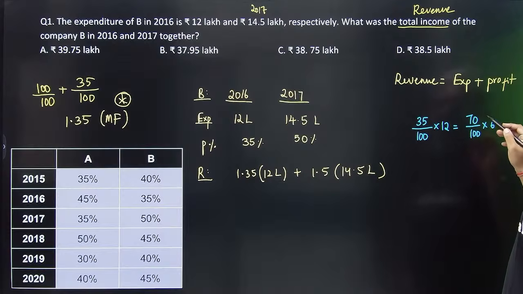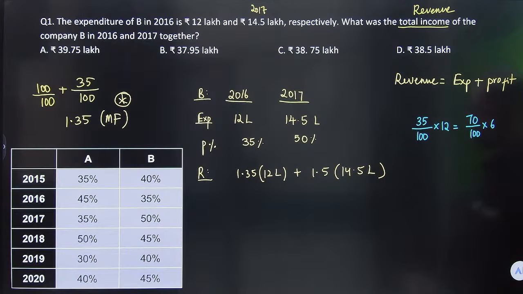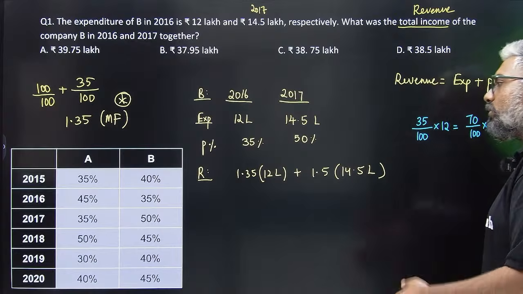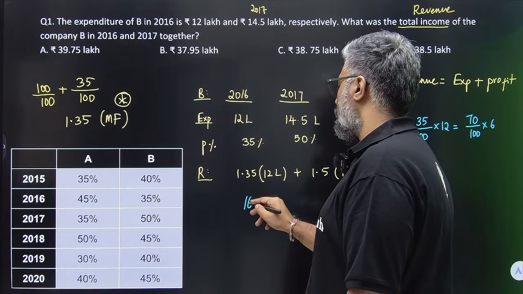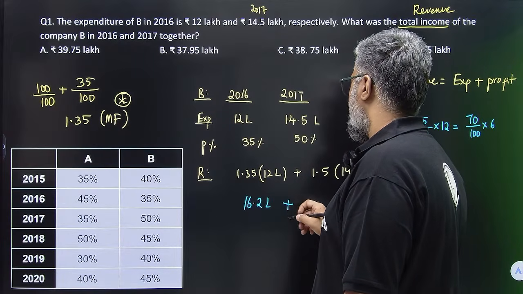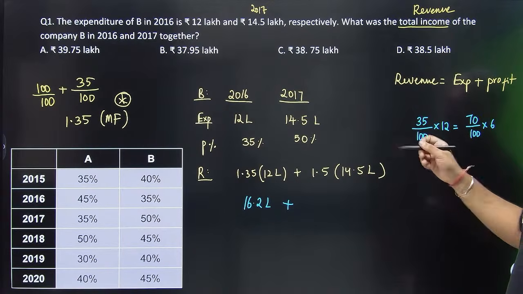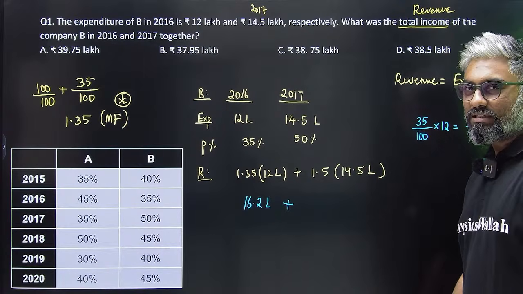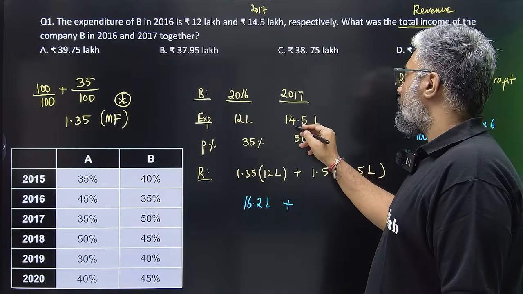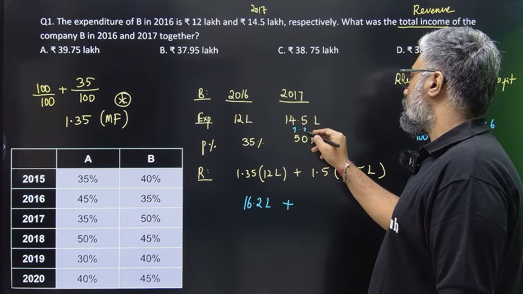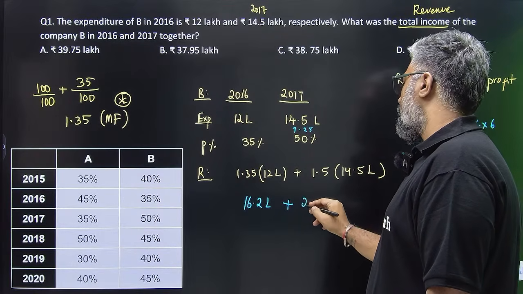So what is 70% of 6 lakhs? 4.2 lakhs. Am I right? So I'm just adding 4.2 lakhs to this. This will become 16.2 lakhs plus again 14.5 is 50%. That's going to be how much? Half of 14.5, which is 7.25. This is going to give me 21.75.